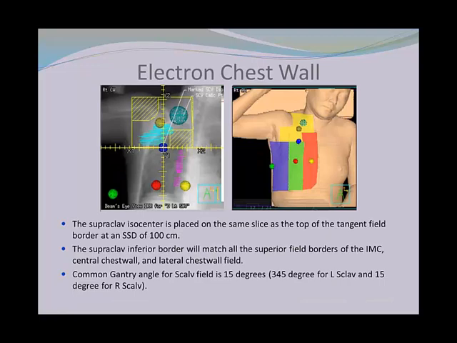So again, the field edges are matched on the skin surface, and the junction between the electrons is shifted laterally 5 millimeters each week, and we recalculate the monitor units at every 1 cm interval. So usually at junctions 2 and 4, we would need to recalculate our monitor units. Not really necessary for the junction shift.